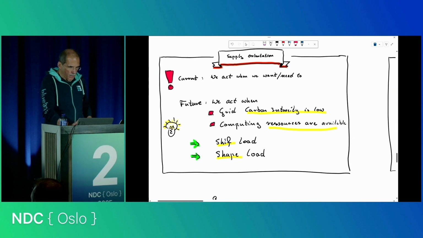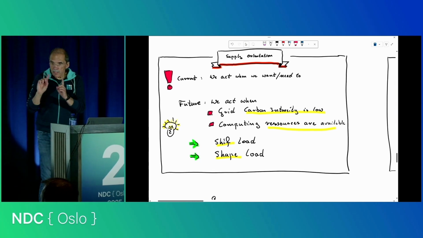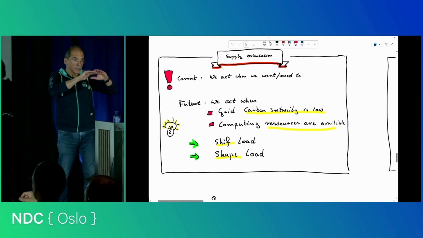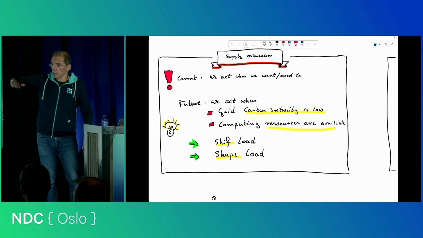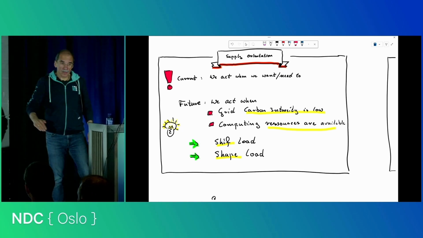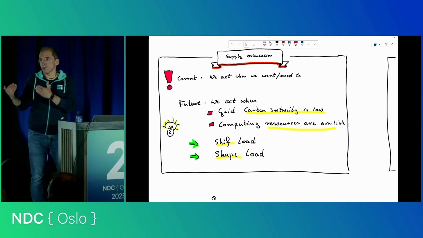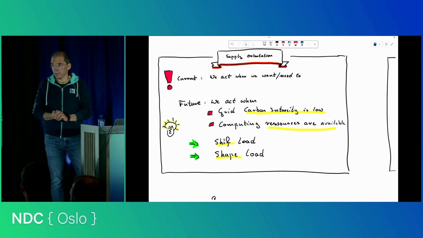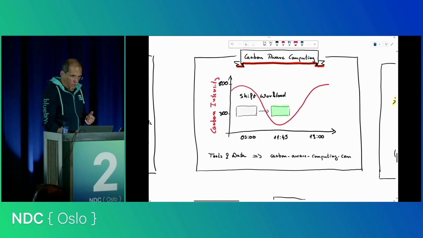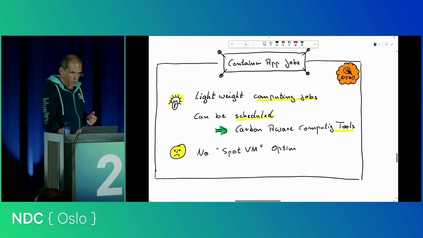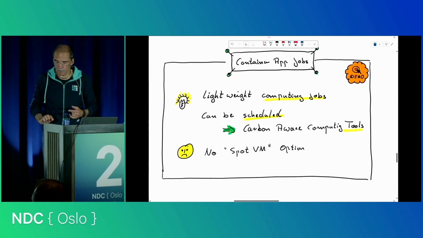We will react now to some signals. The first signal is how green our electricity is, and maybe whether we have resources available. So first, we can use container app jobs.